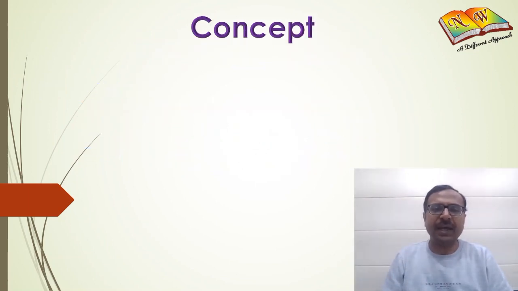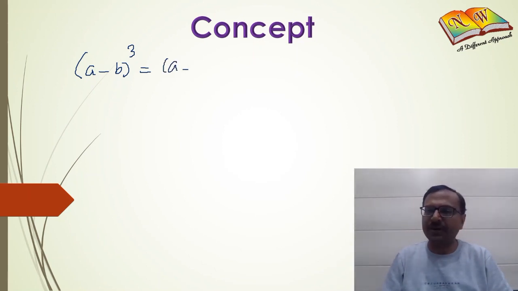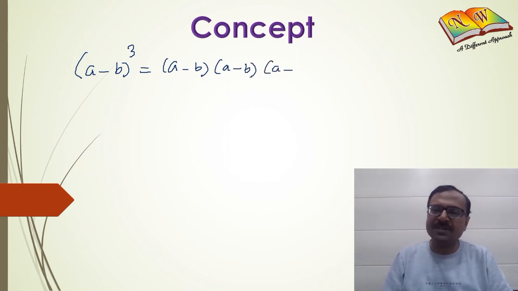When we have an identity like (a minus b) whole cube, you can actually derive this using multiplication of binomials, and this is the algebraic method: (a minus b) times (a minus b) times (a minus b).